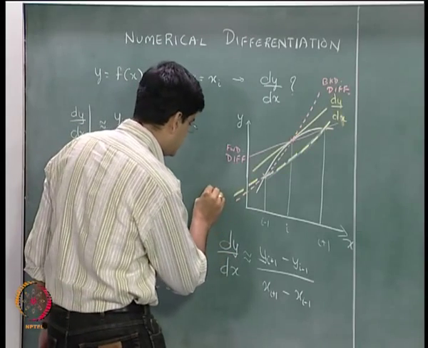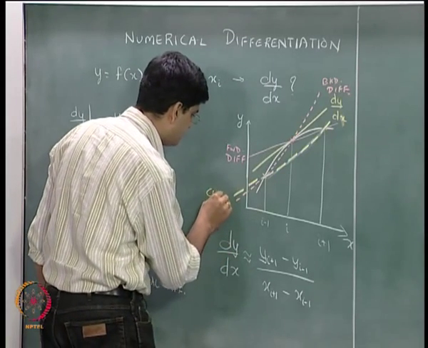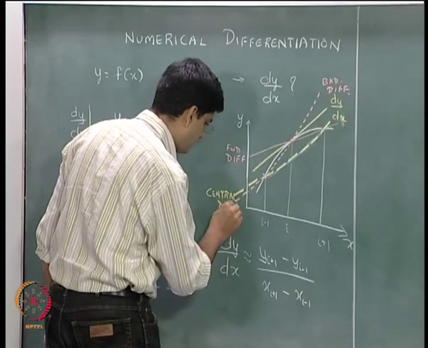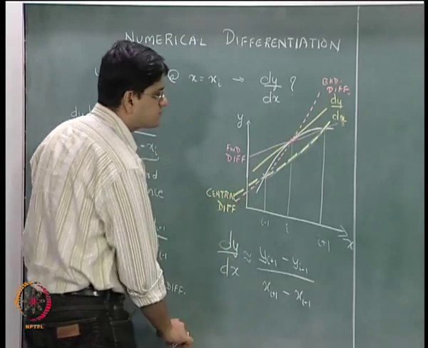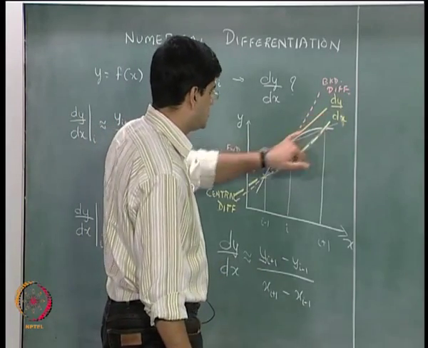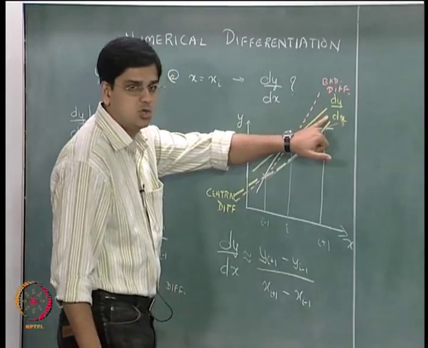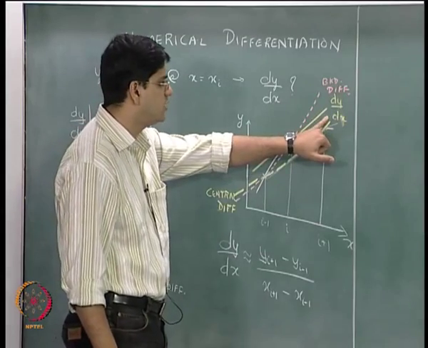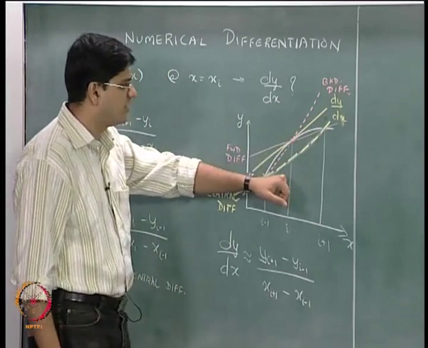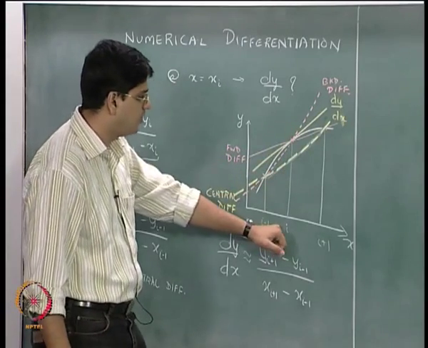And this is the central difference. So the yellow solid line is the true dy by dx, the true derivative of the function y equal to f of x with respect to x at point i.